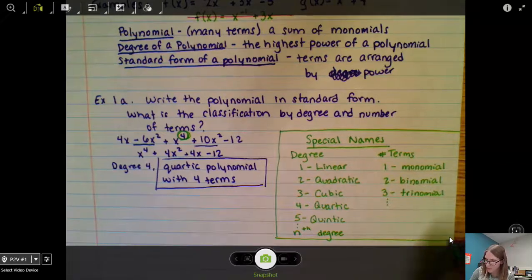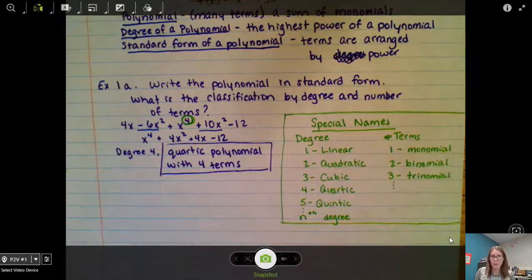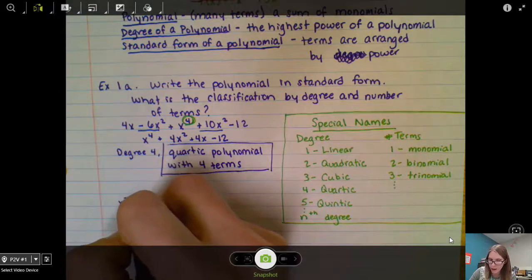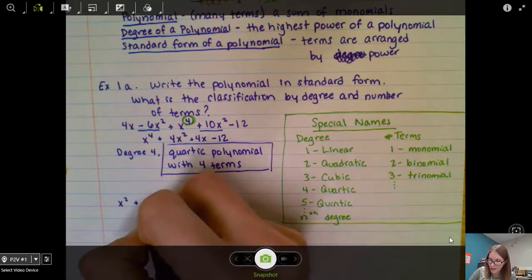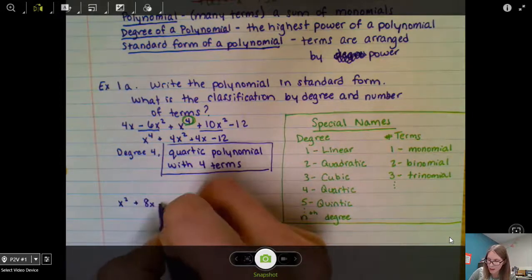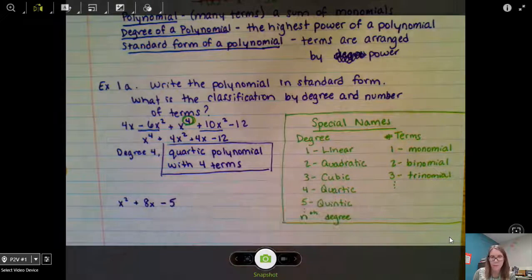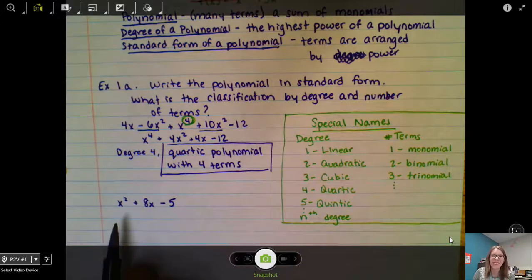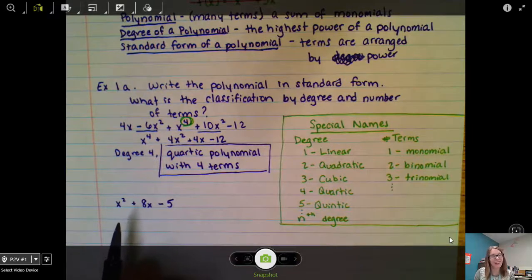Knowing these special terms, let's do one more example where we're classifying by the degree and the number of terms. If I had x squared plus 8x minus 5. Okay, this is kind of cheating a little bit because I'm already in standard form.